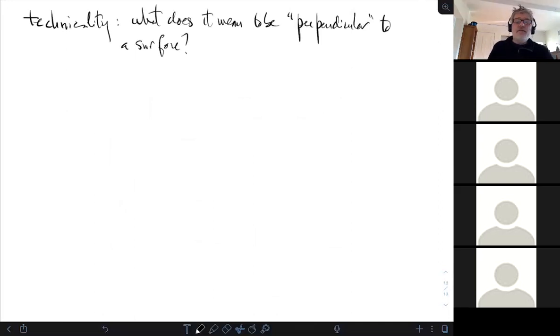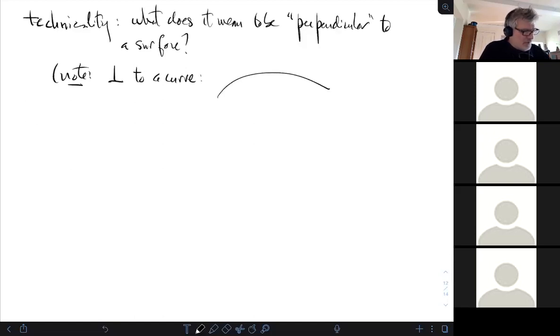And the nice thing about this is that it works for any dimension, but I'm going to stick to 3 dimensions. For 2 dimensions, if the function has 2 variables, this should work out, so let me just note: perpendicular to a curve. This should make sense.